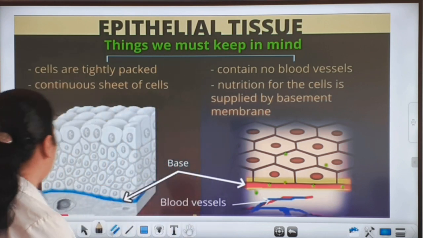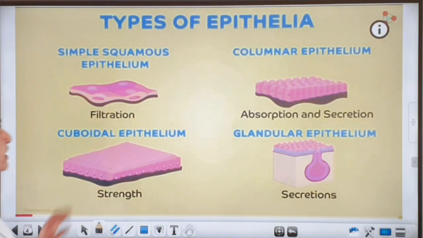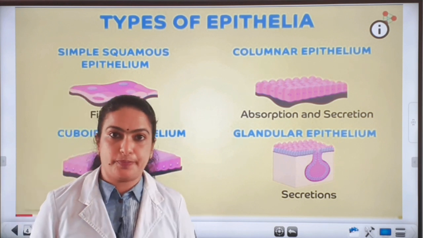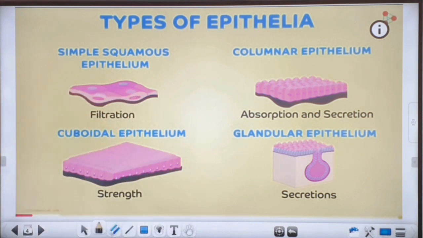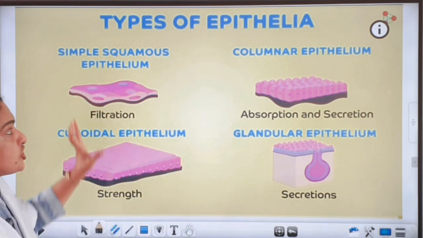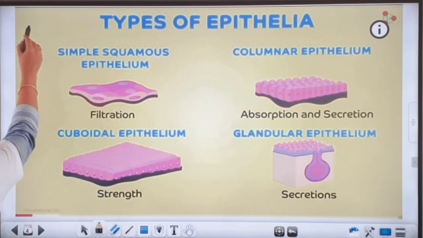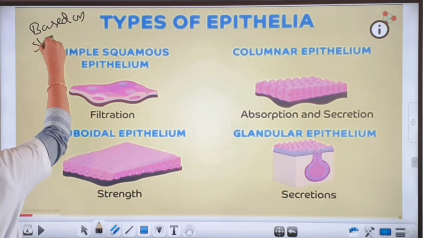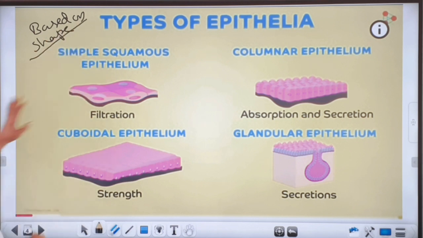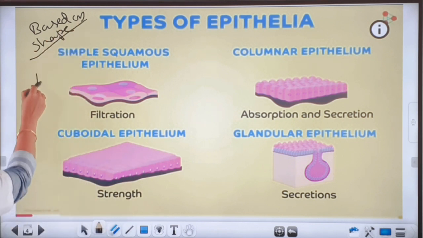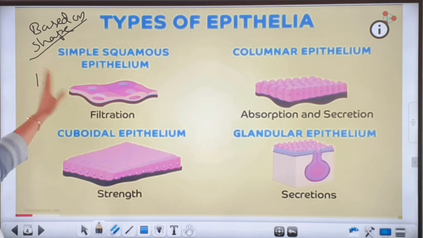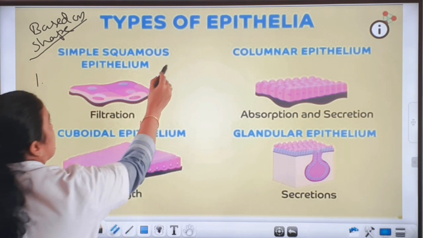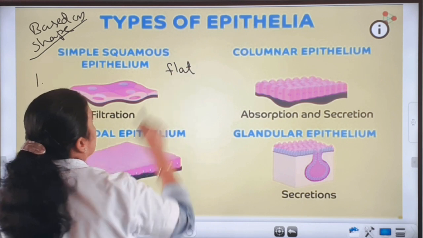Okay. Now we can see what the types of epithelial tissue are. Based on shape, they are classified into 4. The first one is simple squamous epithelium, that is flat shape.